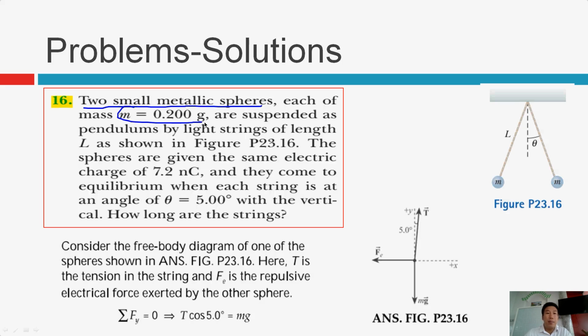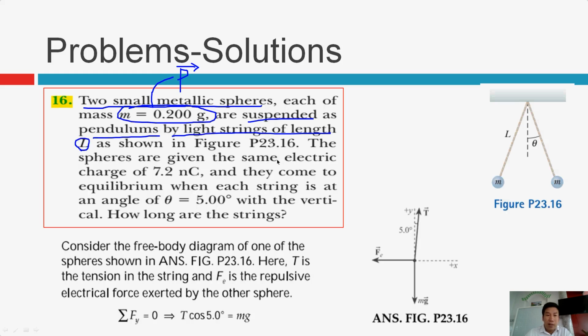It has mass. Why do they give us the mass here? Because I think it will relate to the gravity force. When they give us the mass, and they are suspended as pendulums by light strings of length L. We don't know L, right?